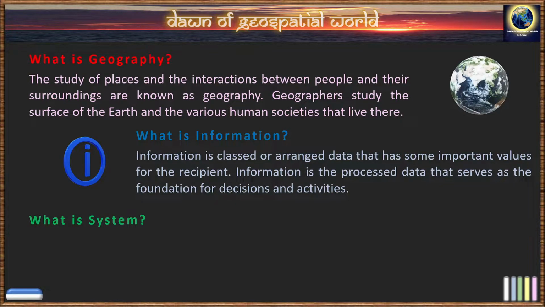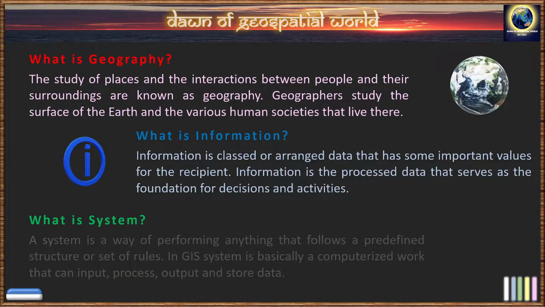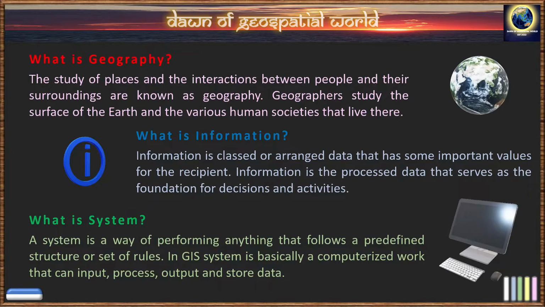And last, what is system? A system is a way of performing anything that follows a predefined structure or set of rules. In GIS, the system is basically a computerized one that can process, output and store data.